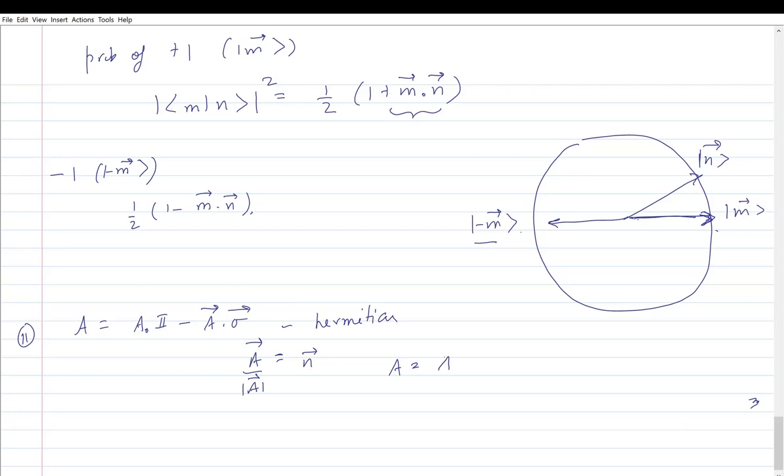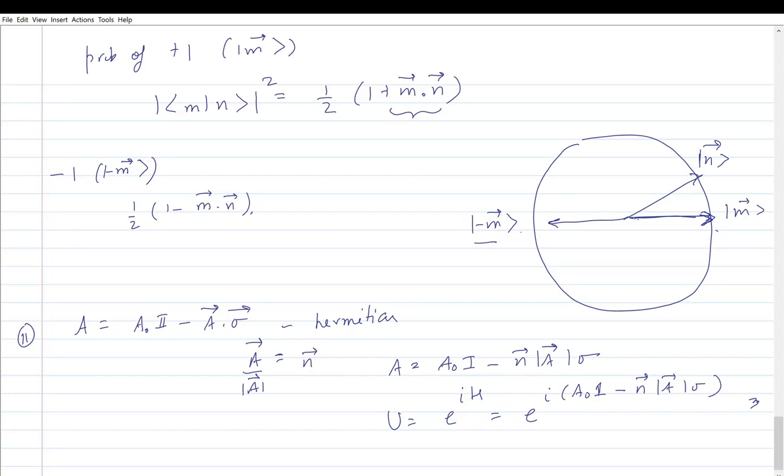Now I have a unitary matrix. I can write it down as this guy, which gives me what?